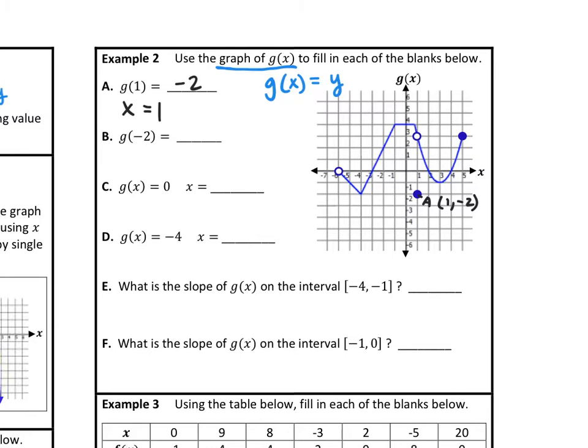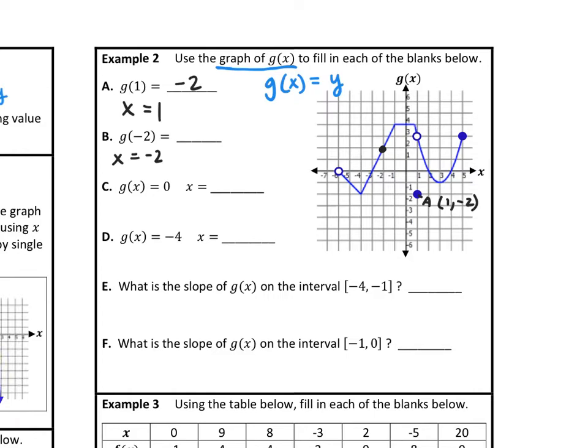Okay. Next one, letter B. Here they're saying x equals -2. So I'm going to go along my x-axis and look for -2. And I'm going to scan up and down for y's, or for points on the graph. So here I see that I hit the graph at that location.